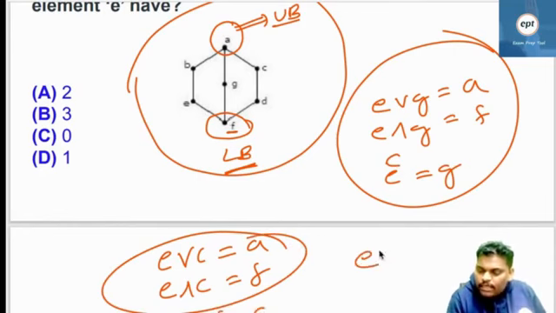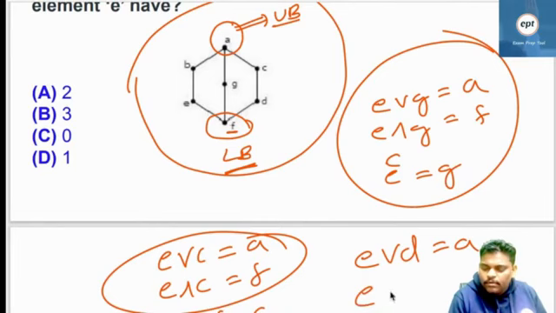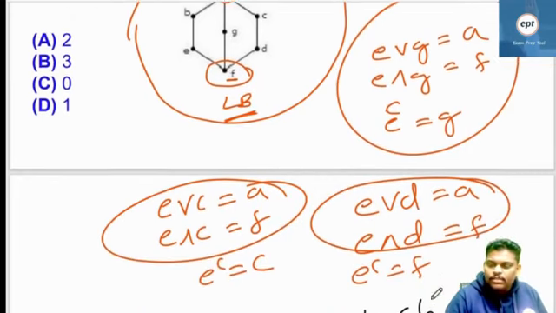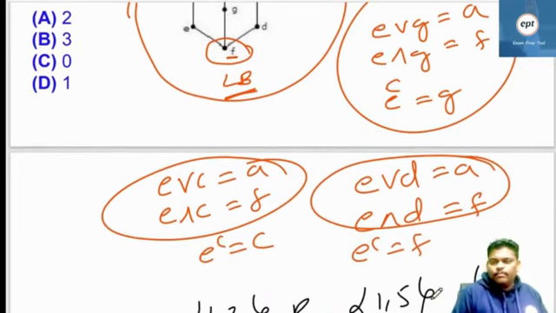Next one, E and D meeting above, where? A. E and D meeting below, where? F. So E complement is D also. So E has 3 complements. Am I right?